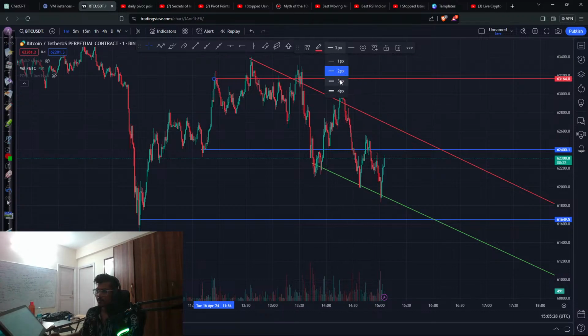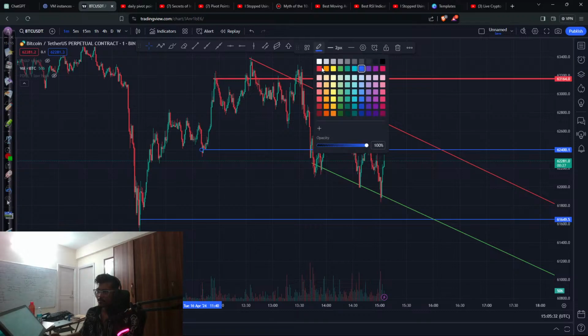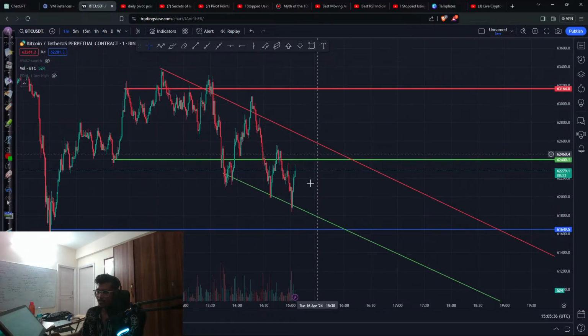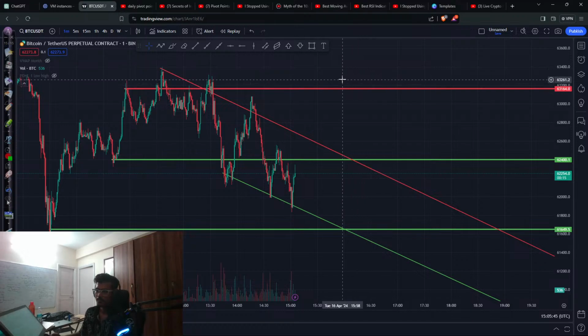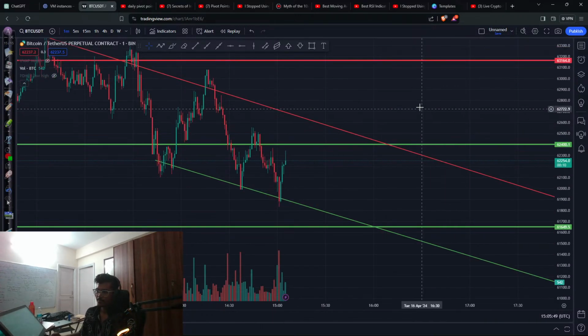I wanna increase the thickness of it, pixel. This is green, so pixel is like 4x. Yeah, this one I wanna keep green too, 4x pixel. So what do you guys think? What's gonna happen here?